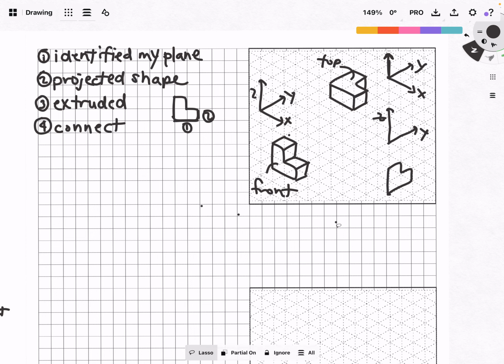I'm going to extrude. So the x-axis is this way, but because this is the right view, I'm going to extrude back and then connect the back of my extrude. And then that is my right face.